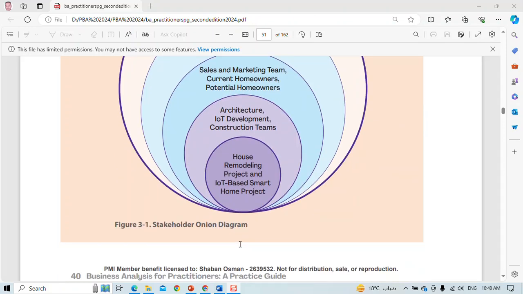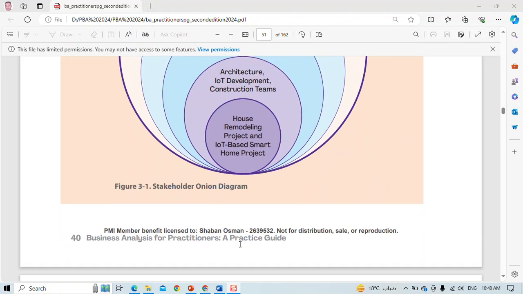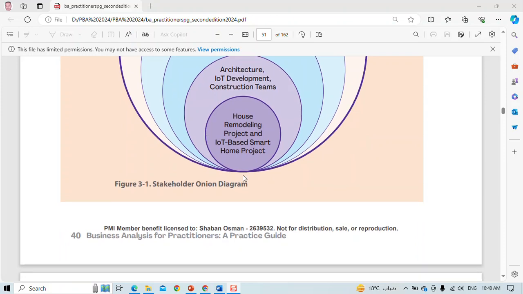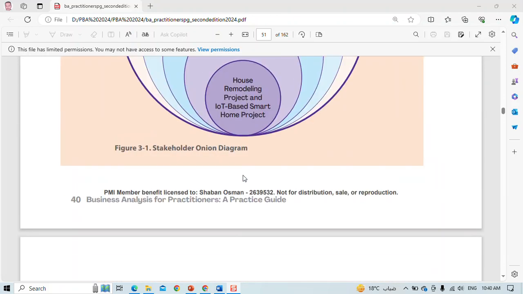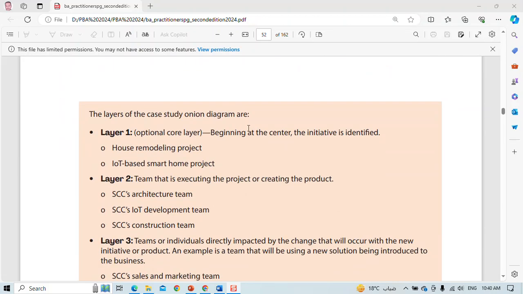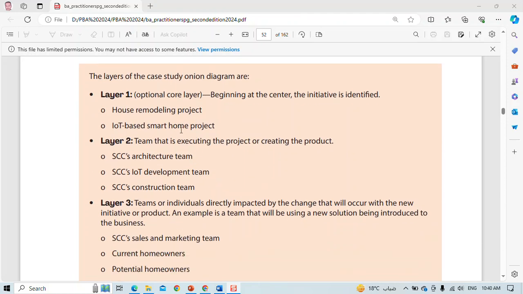They divided the onion diagram into a group of layers. Layer number one indicates the project titles. Our two projects will be the home remodeling project and the Internet of Things based smart home project. The next layer indicates the team that is executing the project or creating the product.